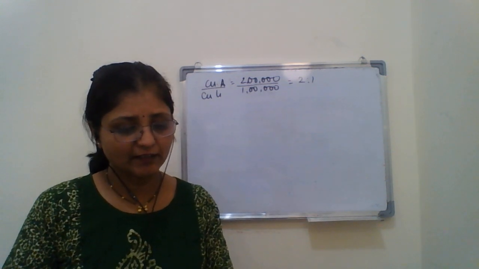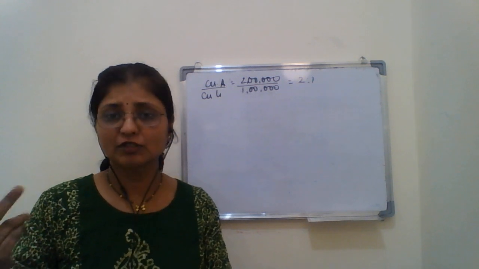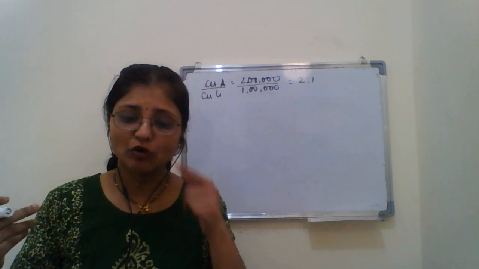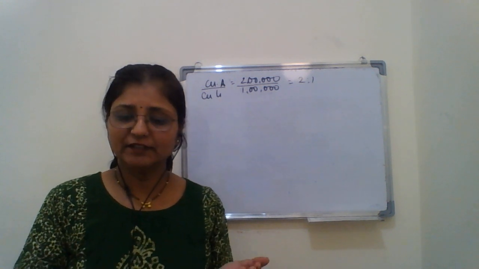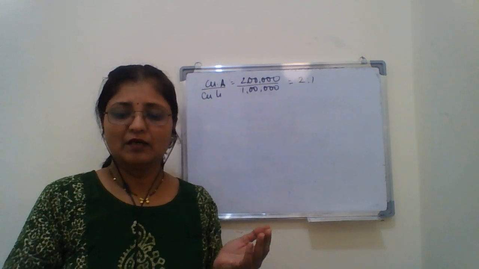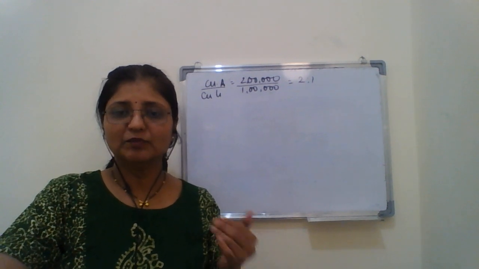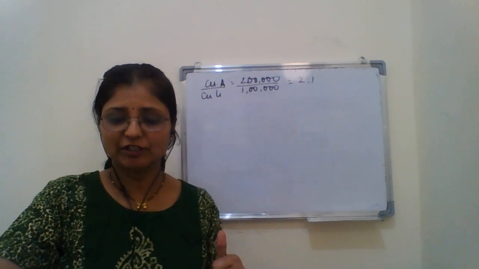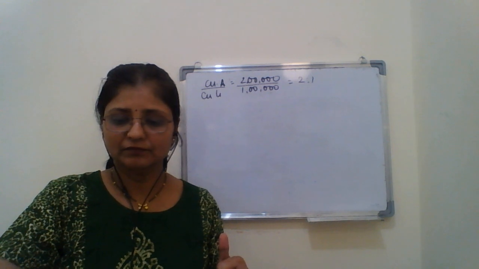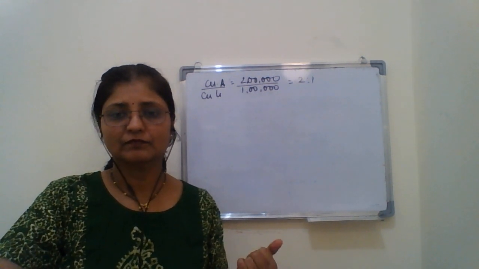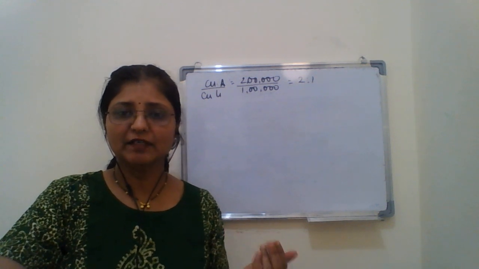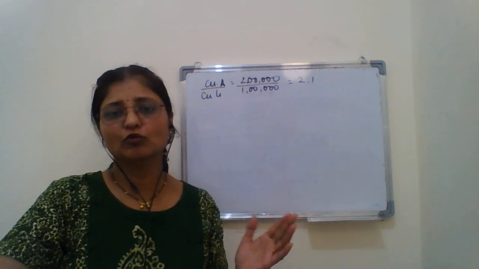So second case, purchase of goods for cash. So purchase of goods for cash means what is the ratio? Purchase of goods for cash means purchases account debit to cash account.